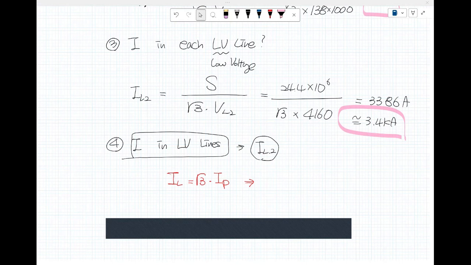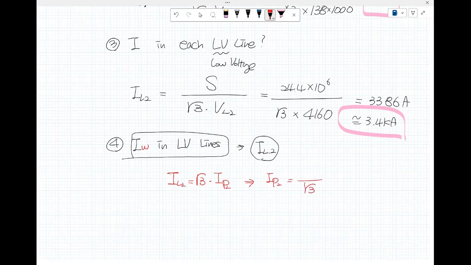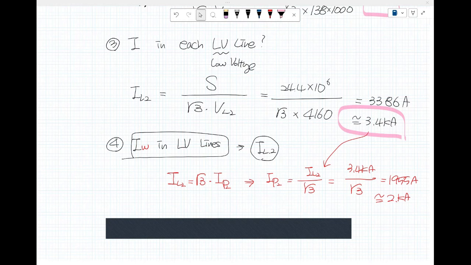Oh, I'm sorry. This is the winding. Low voltage is the winding. I sub 2 was right there, about 1955 amps. All right. That's it.